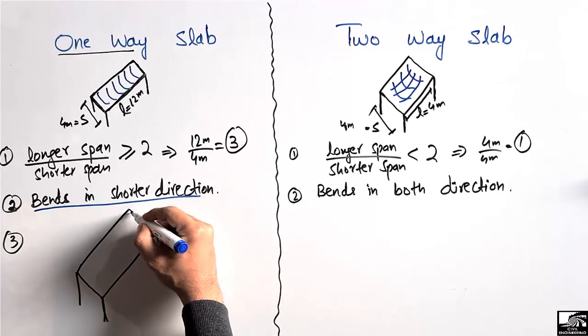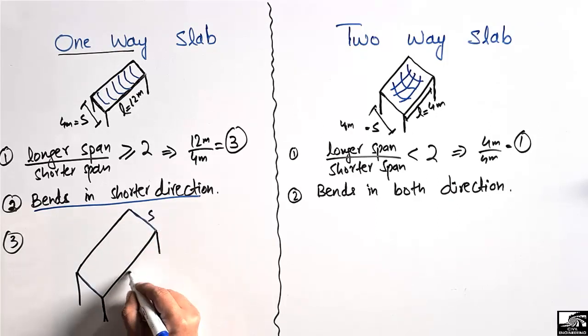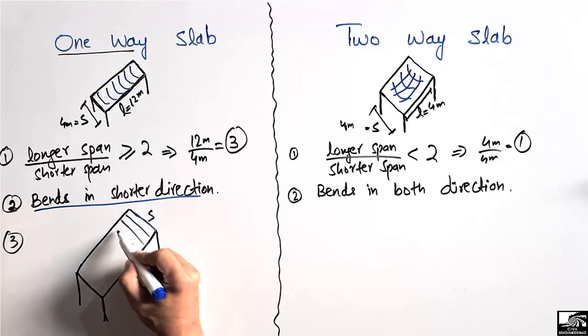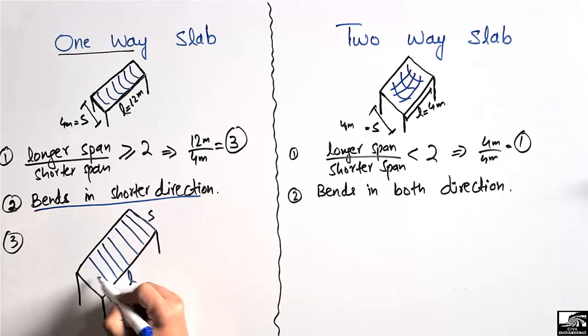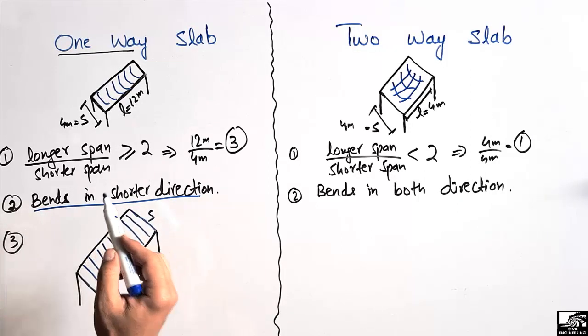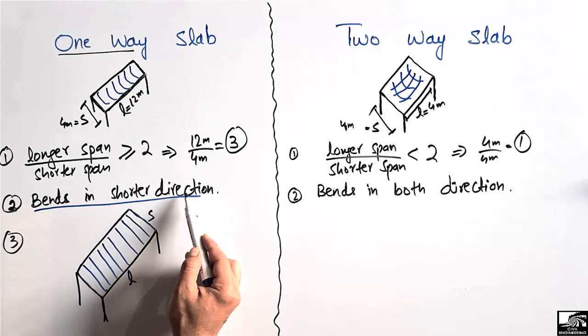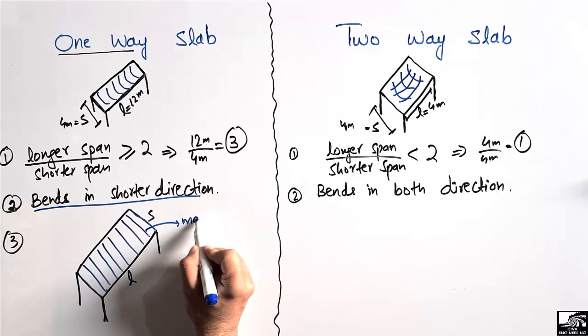So this is the short direction, and this is the longer direction. This will be the main reinforcement, because it bends more in the shorter direction as compared to the longer direction.